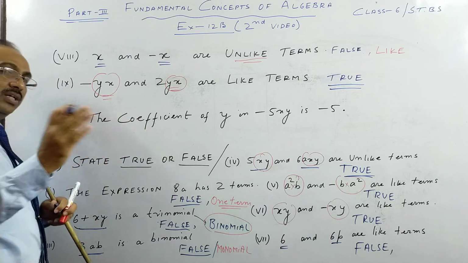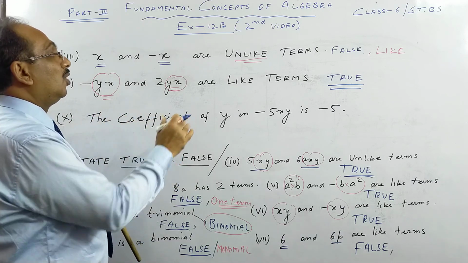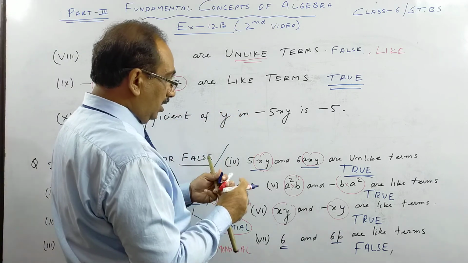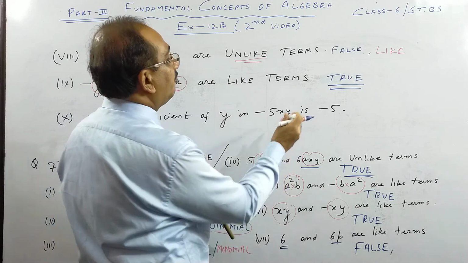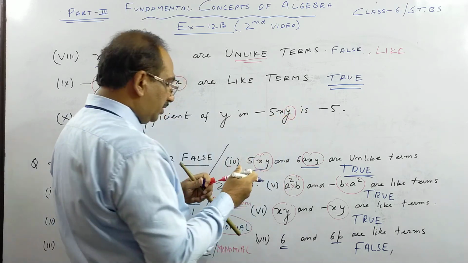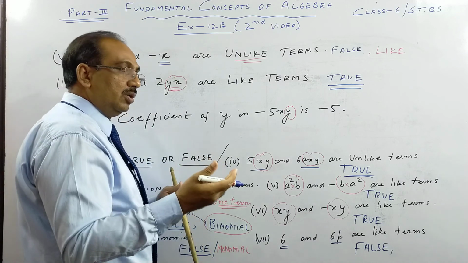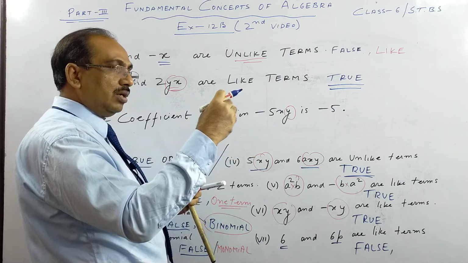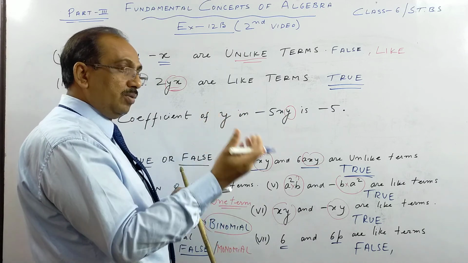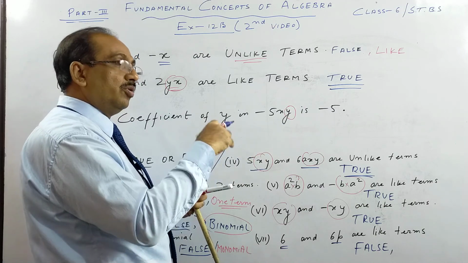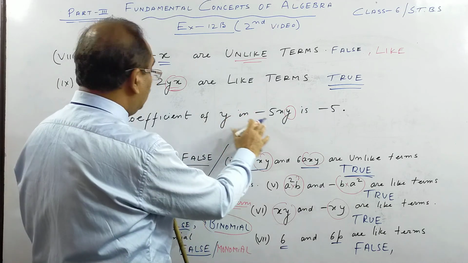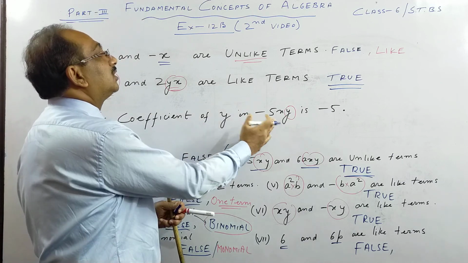Last, the coefficient. I did 1 or 2 questions. You will see coefficient of y means, children, you leave y. Coefficient literal and numeral. You see literal alphabets, numeral or numerical coefficient. You see the number. But here, for all other things, coefficient means other than y.